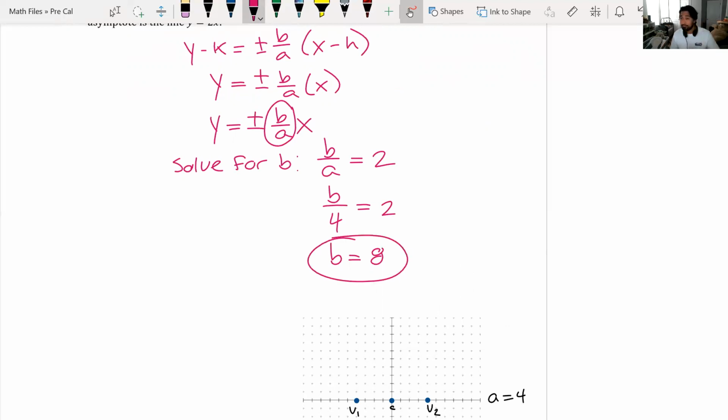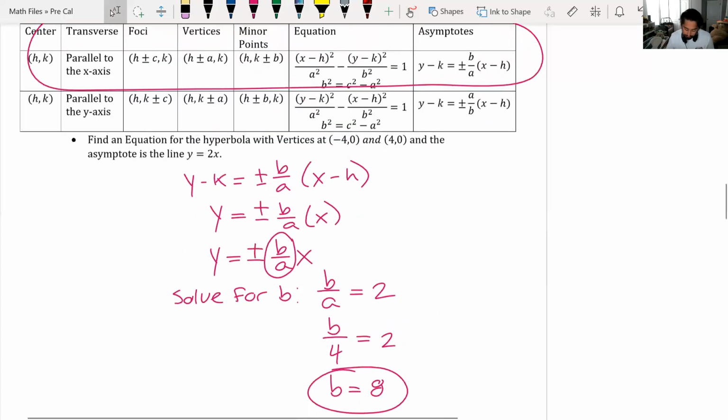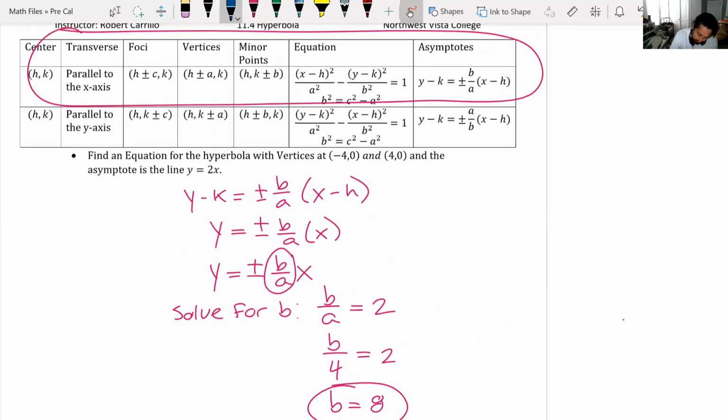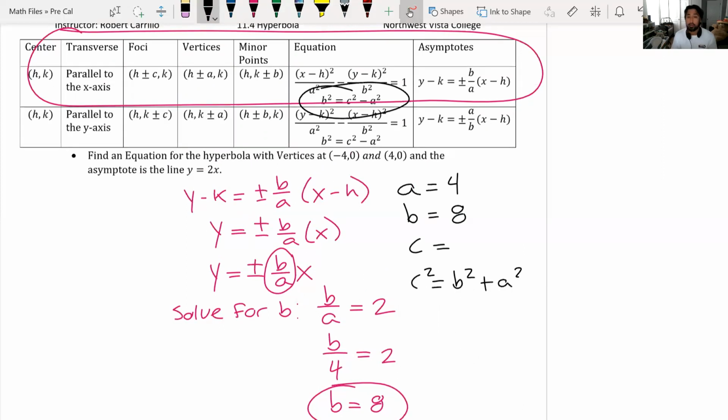So now we know a, now we know b, which means now we can find c. So we can do that all over here. a is 4, b is 8, and now we take this equation, b squared equals c squared minus a squared, and we solve for c. If you rearrange that equation, you get c squared equals b squared plus a squared.